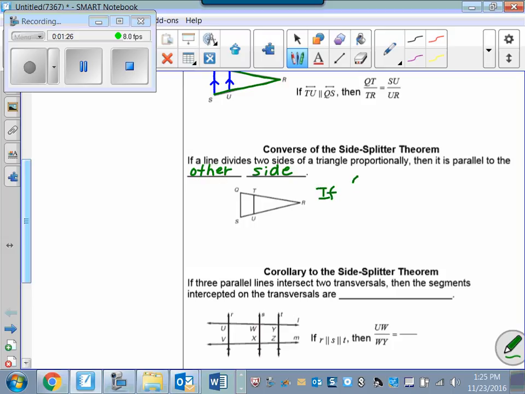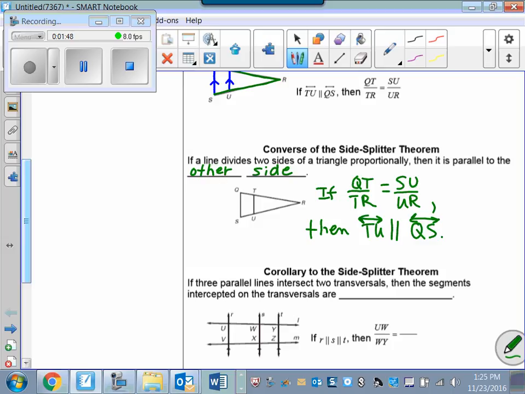If QT over TR equals SU over UR, then TU is parallel to QS. Simply the converse of the side splitter theorem.